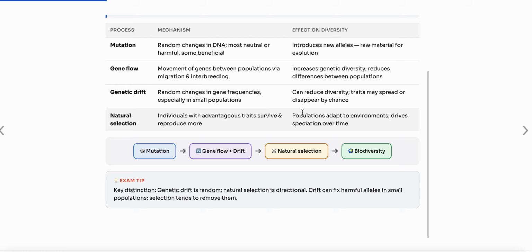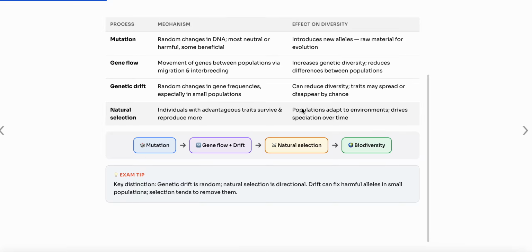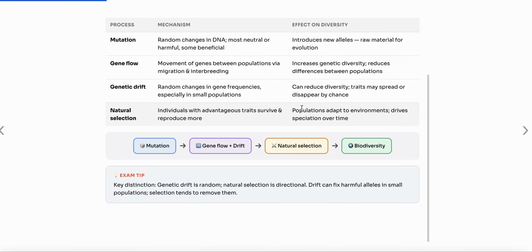The another term is genetic drift, which is a random change in gene frequencies, especially in small populations. Genetic drift sometimes reduces the diversity, and sometimes a trait may spread or disappear by chance.